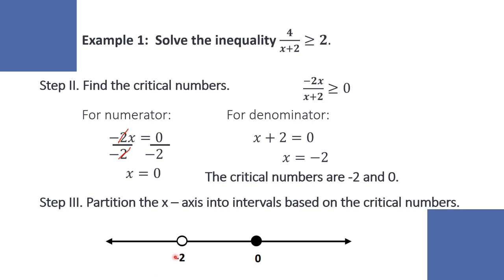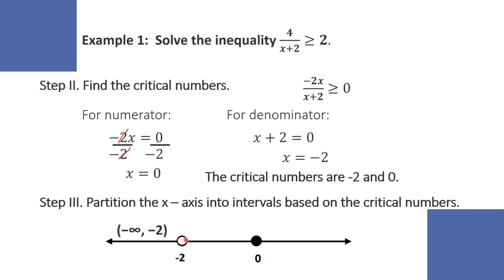So we have here 3 intervals. From negative 2 going to the left, from negative 2 to 0, and 0 to the right. What is now the first interval? Yes, it is negative infinity to negative 2. We use parentheses here because negative 2 is hollow.